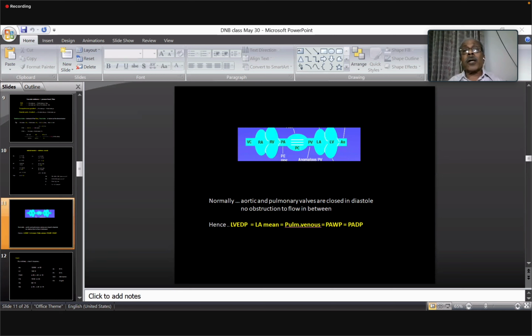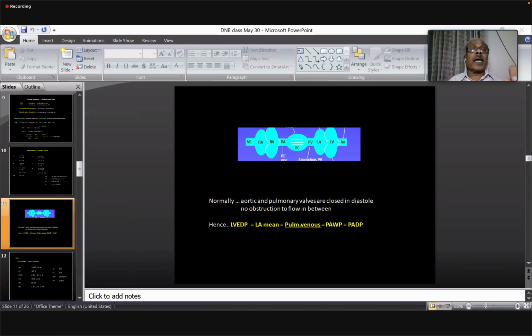So the diastolic pressures in these chambers, this circuit, are the same unless there is an obstruction. So the LV diastolic pressure equals the LA mean pressure, equals the pulmonary venous mean pressure, equals the pulmonary capillary mean pressure, equals the pulmonary artery diastolic pressure, with 1 to 2 millimeters rise as you go proximally. That is all. This is very, very important.